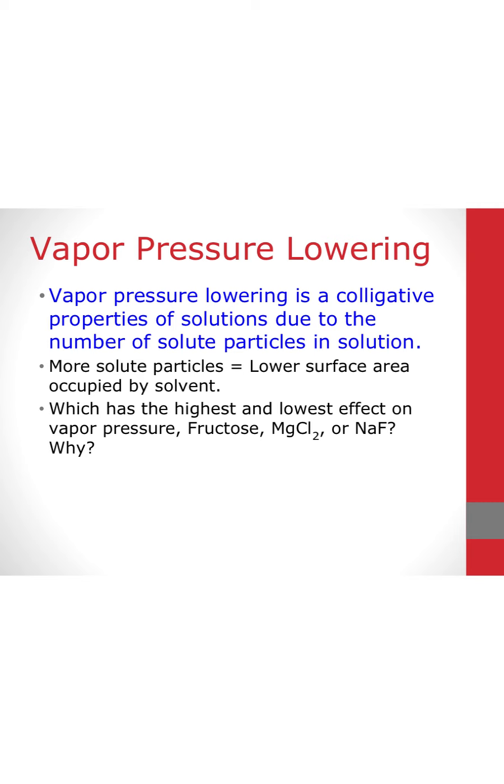So sugar, when it dissolves, like fructose or glucose, it's just one molecule of itself. So if you have 1 mole of that, you get 1 mole. But if I have 1 mole of MgCl2, I will get 3 mole of ion. And if I have 1 mole of NaCl, I would have 2 mole of ion. So MgCl2 would probably have the highest number of particles and therefore has the greatest ability to lower the vapor pressure of that solvent.